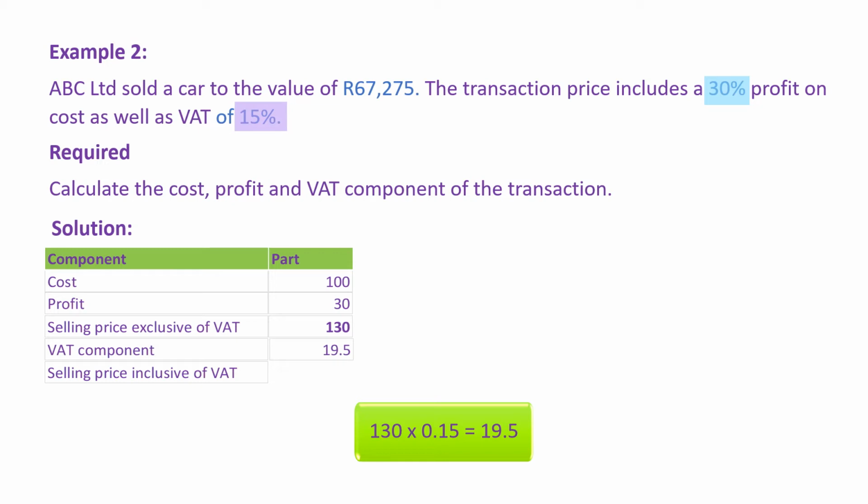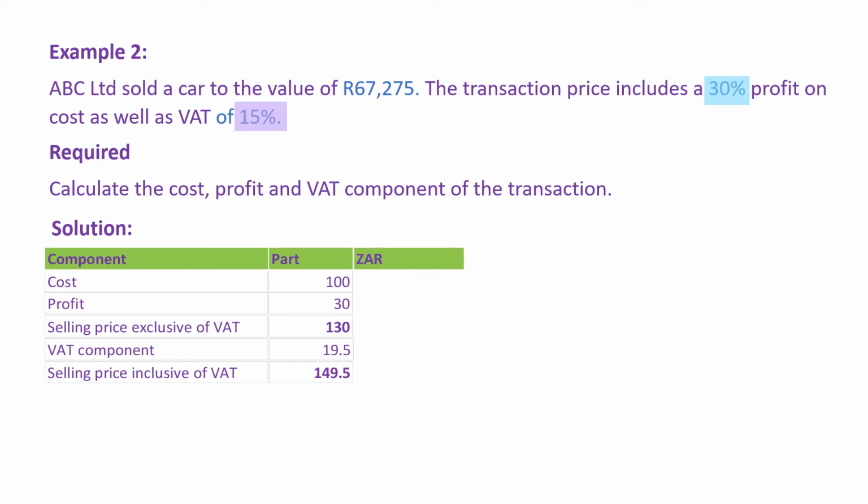And if you add 130 to 19.5, you would end up with 149.5 parts for your selling price inclusive of VAT. Once you have the parts, you can then very easily calculate the cost, profit, and VAT component.